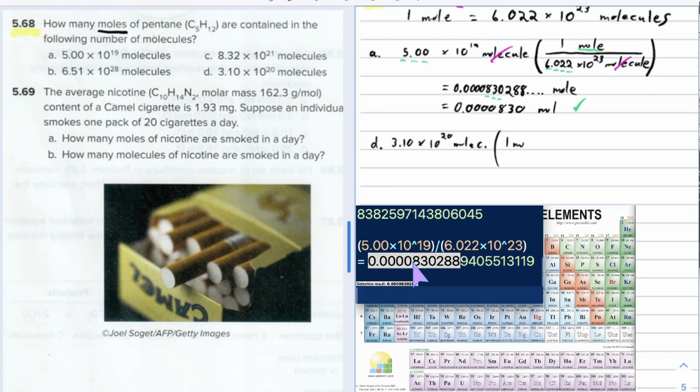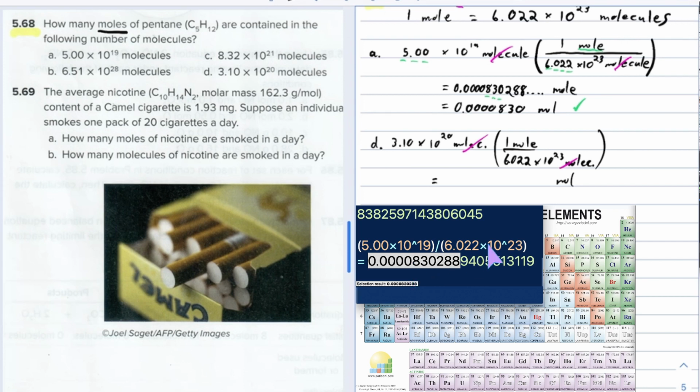And 1 mole is the same thing as Avogadro's number of molecules, 6.022 times 10 to the 23rd molecules. And the units work out, of course. And we're going to be left with mole.